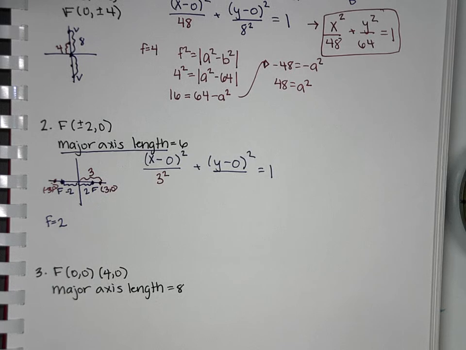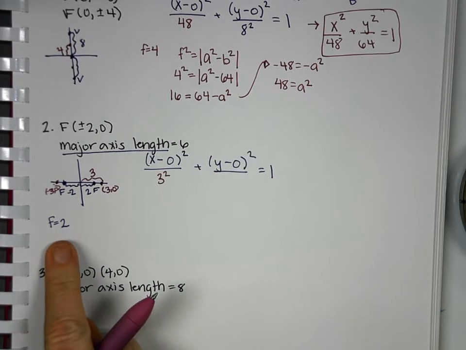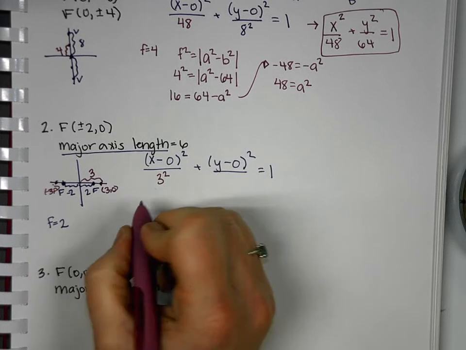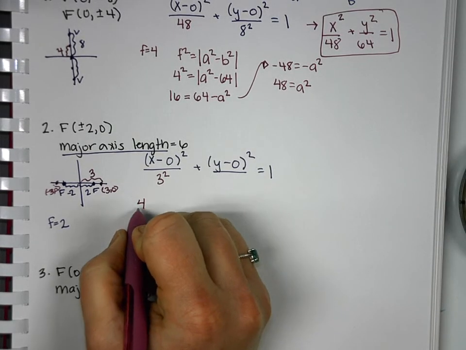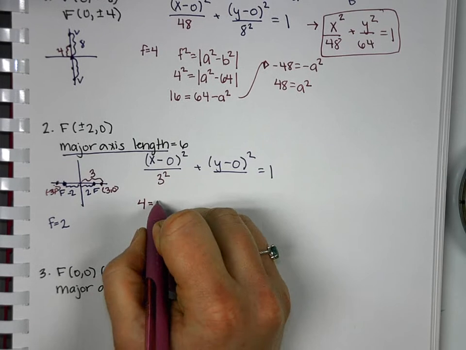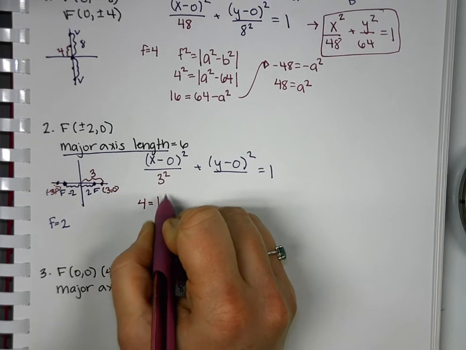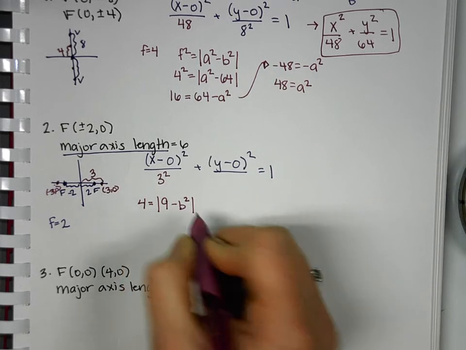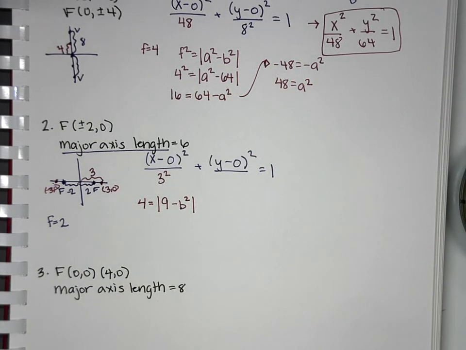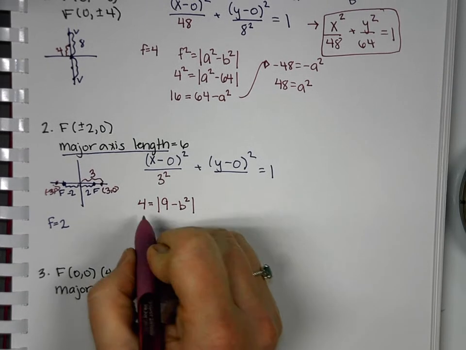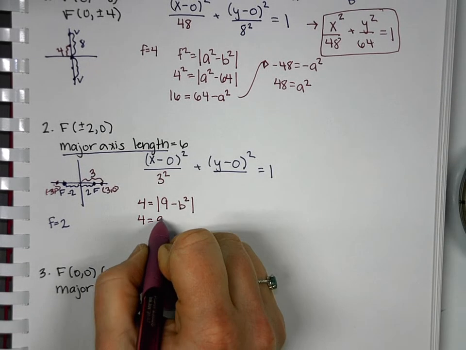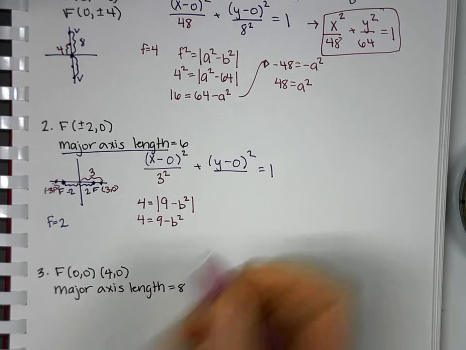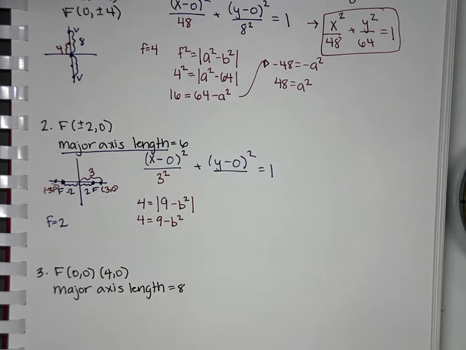So we're going to have 3 squared underneath x. And then just like in the one before, I'm going to use this focal length to help me find b. So 2 squared, which is 4, equals the absolute value of a squared, which is 9, minus b squared. I know 9 is the bigger number because that was our major axis, so by keeping it 9 minus b squared I'm going to have a positive square root.